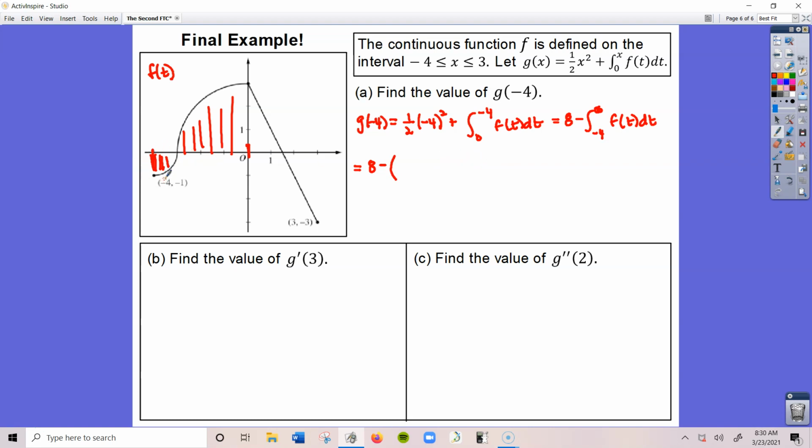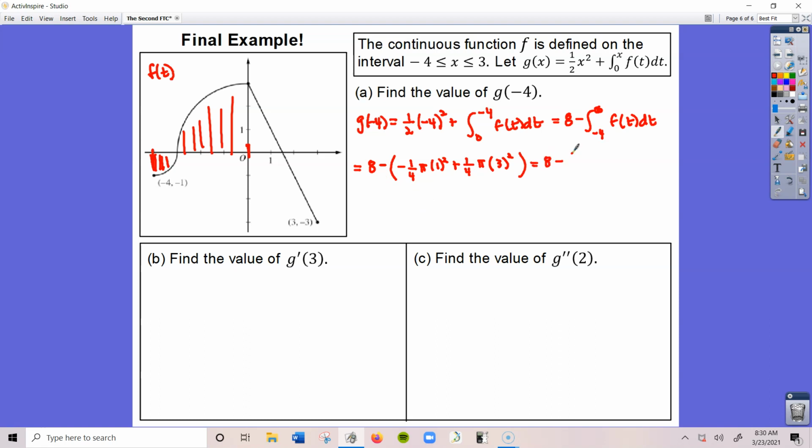This area here will be negative because it is below the x-axis, so that's -1/4 pi. The radius is 1, so 1 squared, plus, now here this area is positive, that's why I put plus. This is also a quarter circle, so 1/4 pi times the radius squared, which is 3, so 3 squared. Now we work this out.